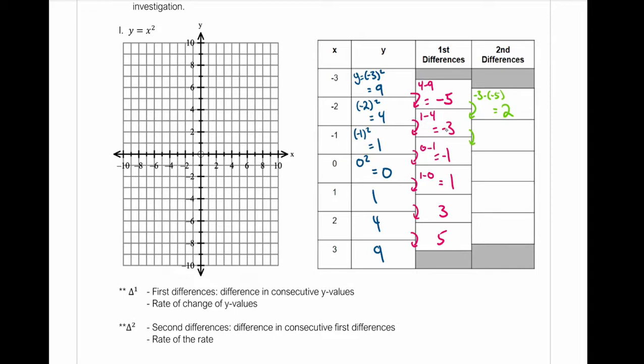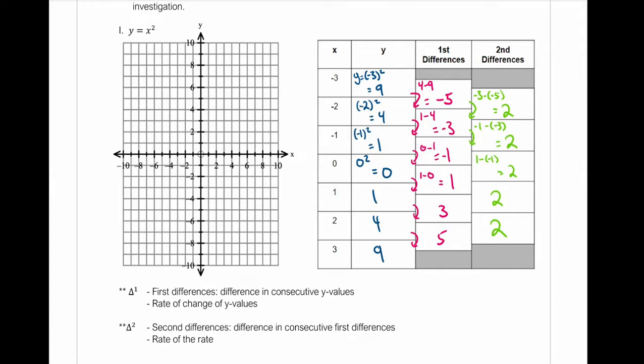How are we changing from -3 to -1? We're increasing by 2. Or you could do -1 minus -3. 1 minus -1 equals 2. From 1 to 3, we're increasing by 2. From 3 to 5, we're also increasing by 2.